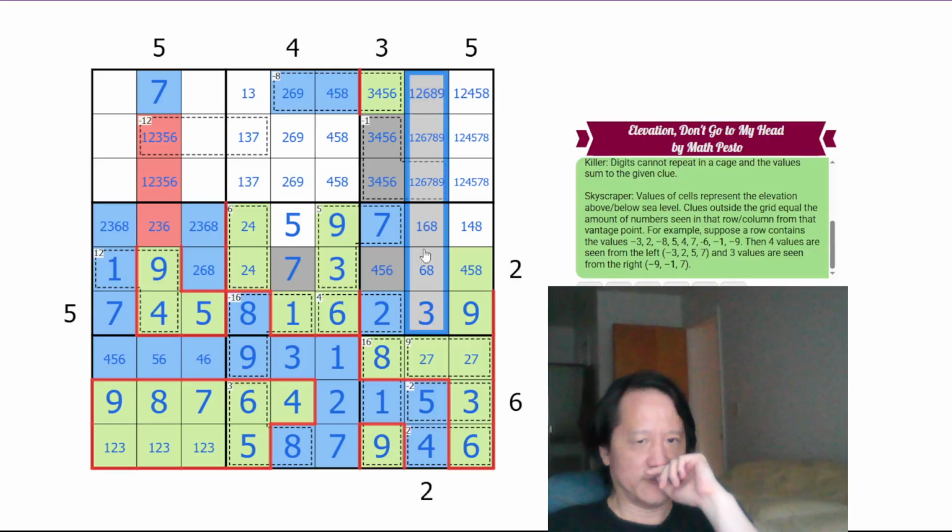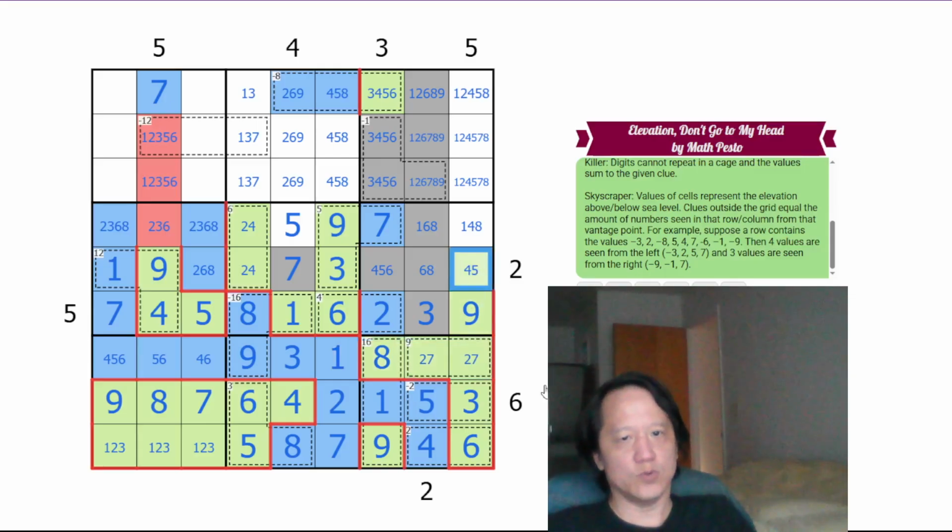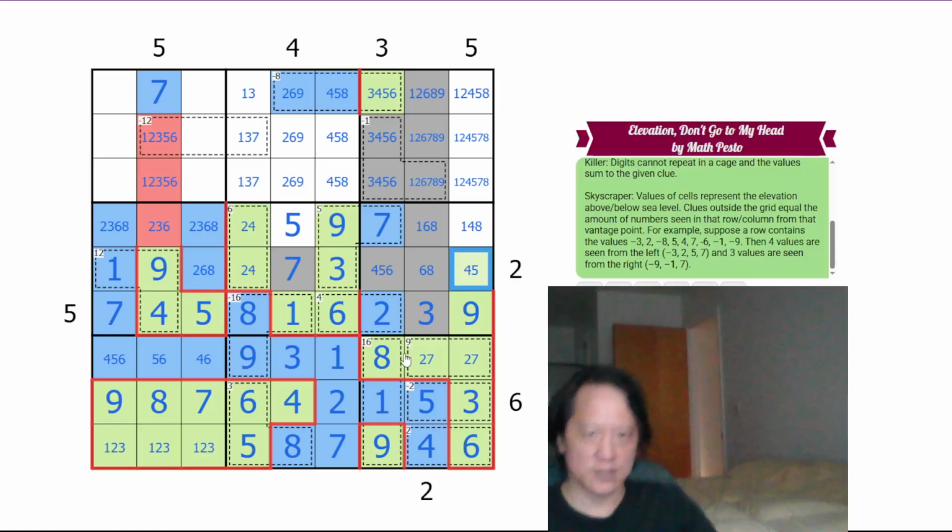These cannot be seen. These cannot connect with these because we already have 3, 6, 9. We have 3 and 9 as land. Oh, this is connecting to this. So this cannot be 8. Ooh, that is interesting.